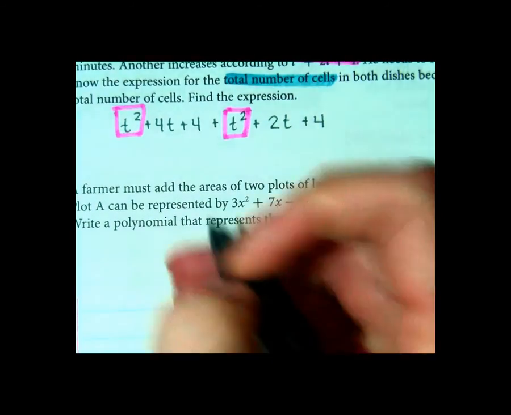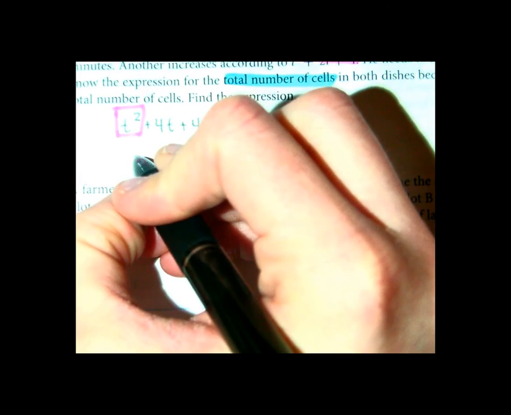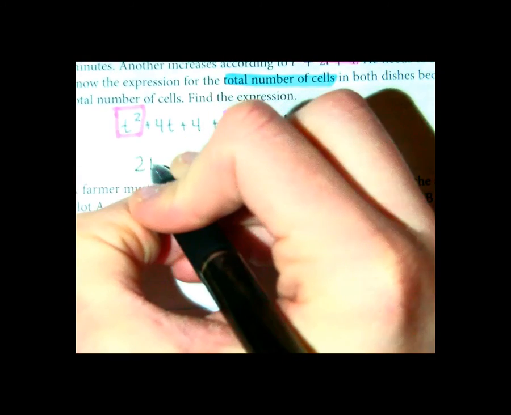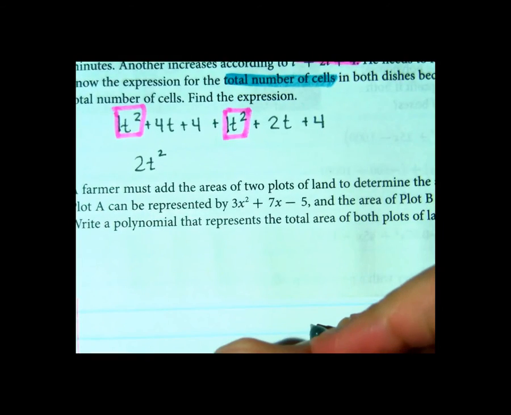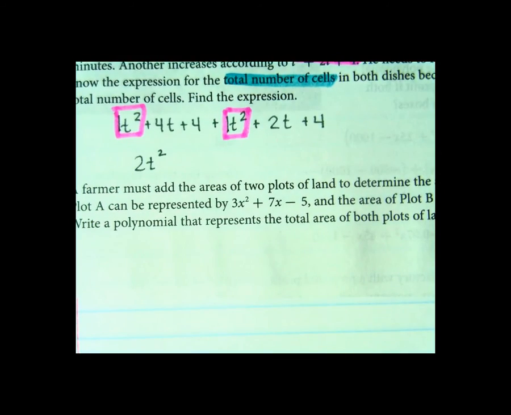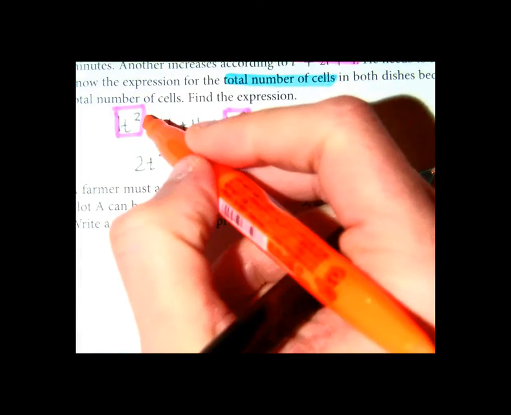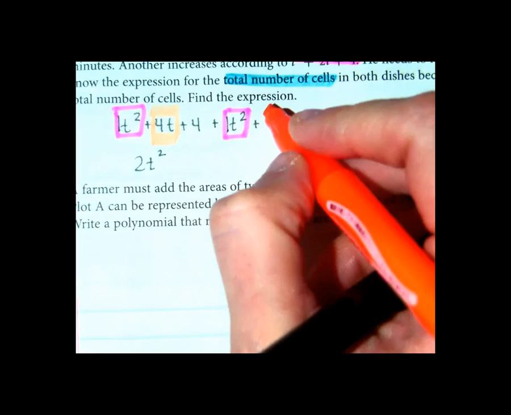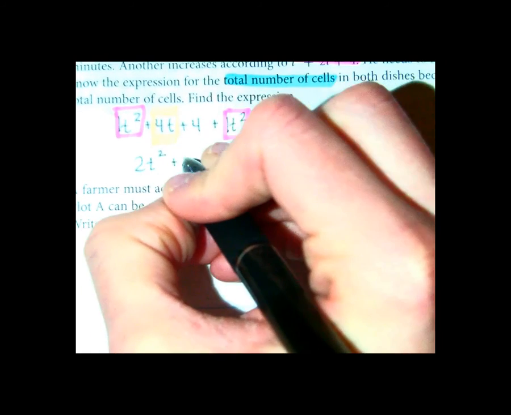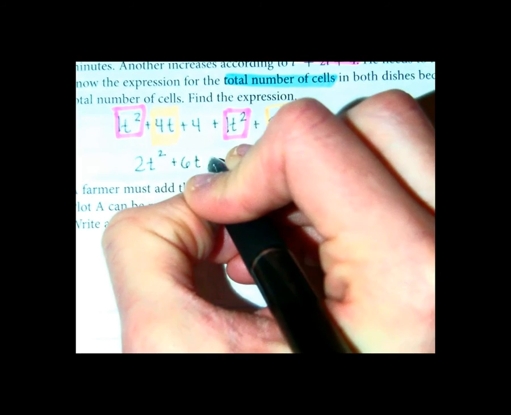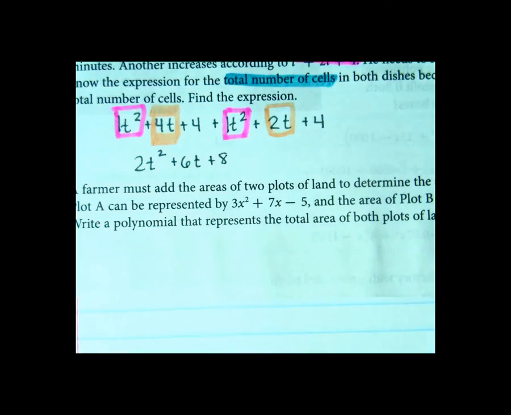What does t squared and t squared give me? Remember, it's a 1 plus 1. Any other like terms? Okay, what do those give me? Plus 6t. And then plus what? Why'd you get 8? 4 and 4.